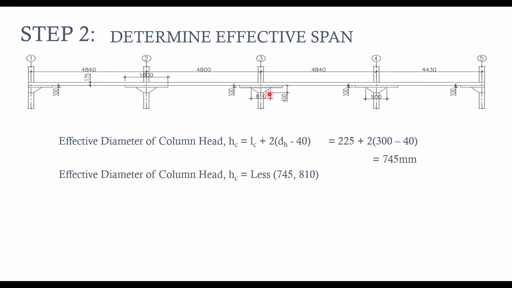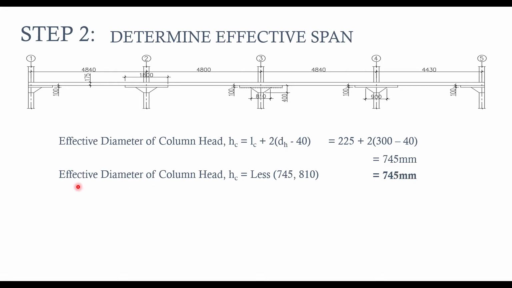Because this column head is a flare type, to determine the actual dimension, as I've explained earlier, you offset 40 mm and then measure from ear to ear. So instead of 900 as your diameter of column head, you have 810. The lesser between these two is going to be the effective diameter of the column head. So at the end of the day, we have an effective diameter of 745 millimeters.